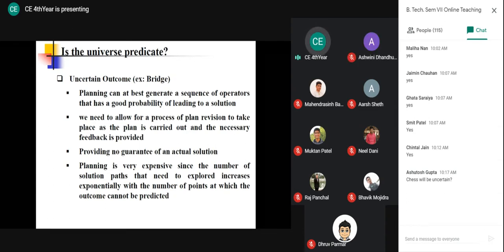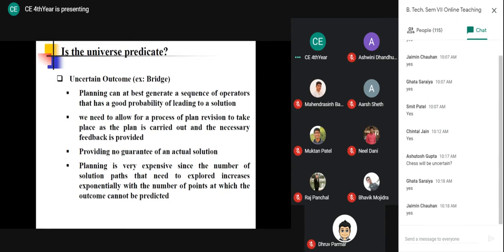Okay, see, one question is from Asutosh. Chess will be uncertain. Now, can any other student answer Asutosh's question? What do you think about chess? Okay, Gata, can you unmute your mic and explain why it is uncertain?